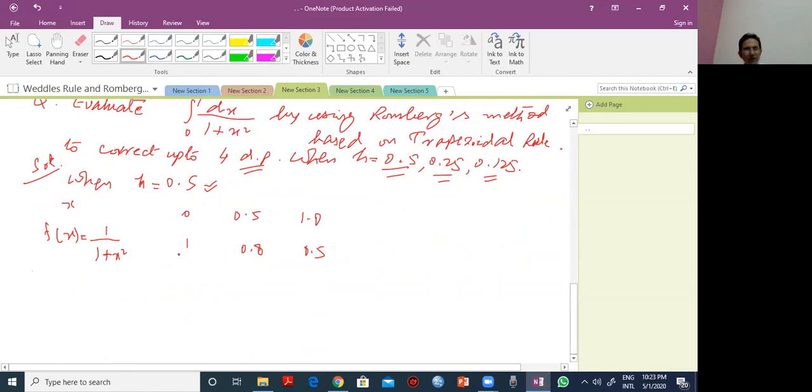When x is 0, it is 1 upon 1, which is 1. When we put 0.5 square plus 1, divided into 1, it is 0.8. When we put 1 square, it is 1, 1 plus 1 is 2, 1 upon 2 is 0.5. So now we apply the trapezoidal rule.